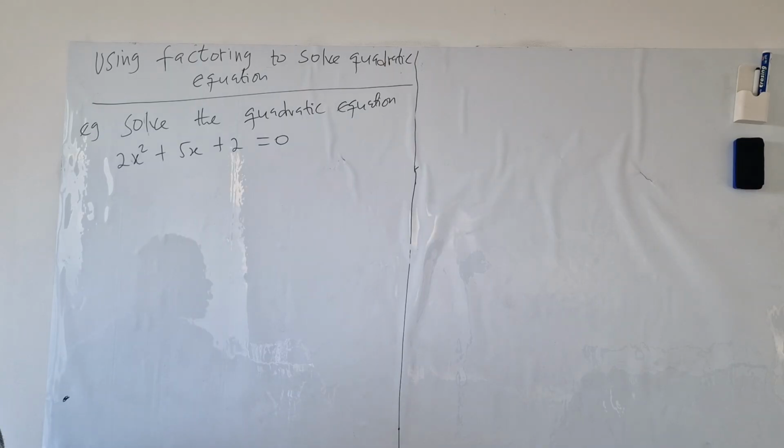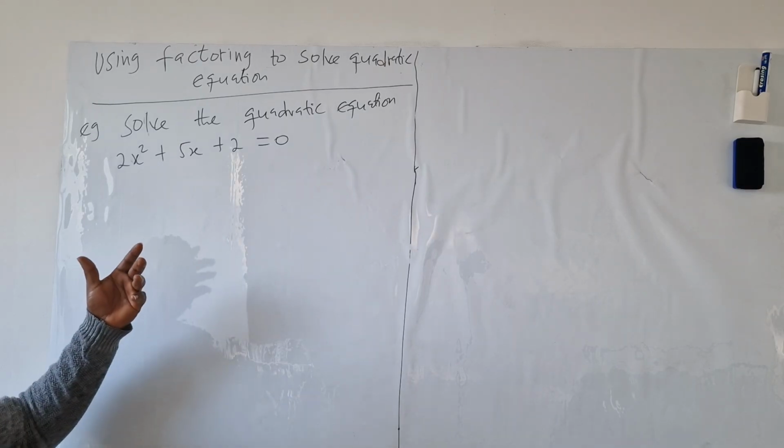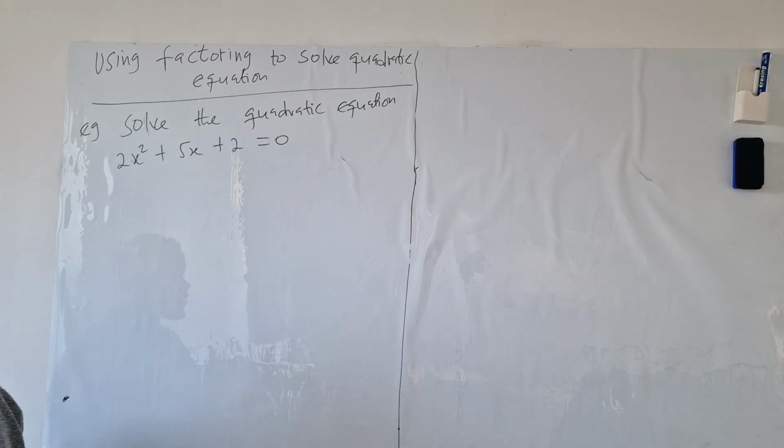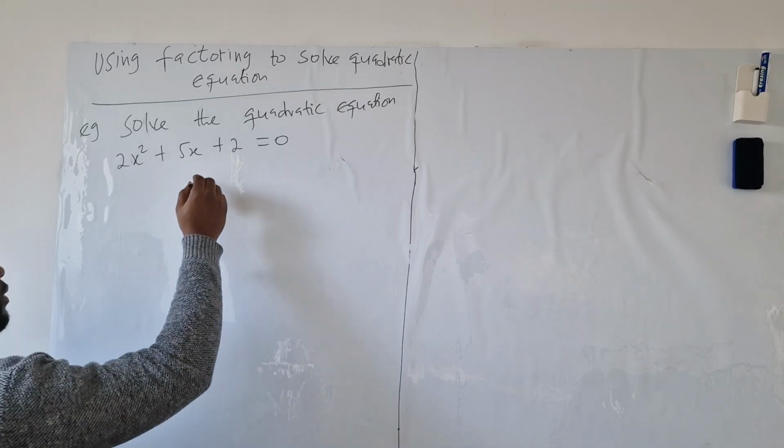How do you use the factoring method to solve this quadratic equation?